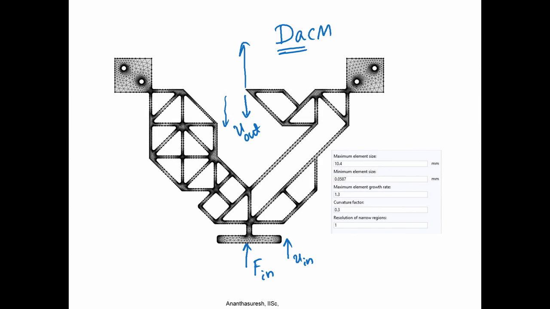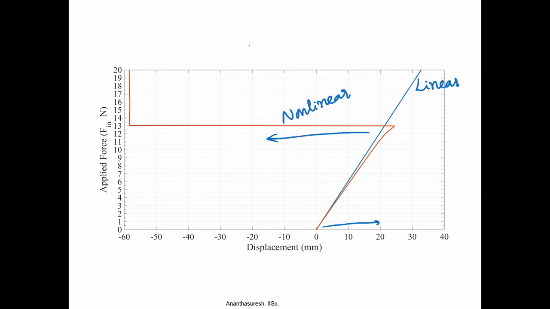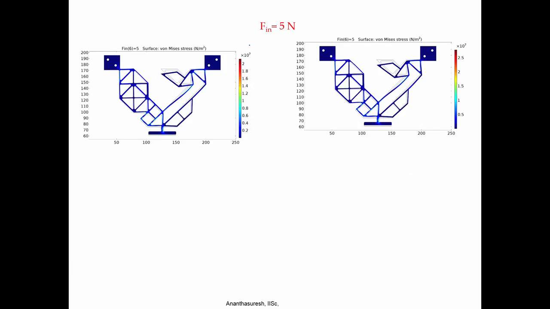So, let us look at this analysis at various values of the input force. If there are only 5 newtons, between linear and nonlinear there is not that much difference that we can actually discern; both of them look almost the same.